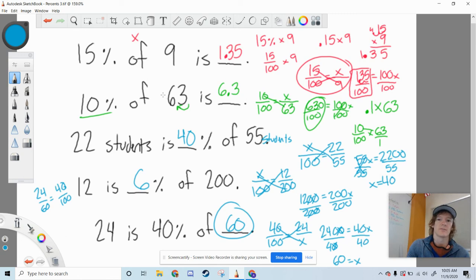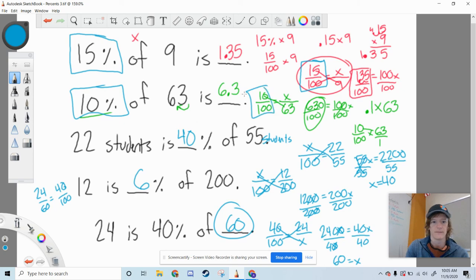So when you're doing these problems, we need to set these up as two equivalent fractions. One of the fractions is your percent. So one of our fractions was this 15 100ths. One of our fractions on this one was 10 100ths. On this one, we don't know the percent yet. On this last one, if they give us the percent, well, there's one of our fractions. The second fraction we need to come up with is our part over our whole.